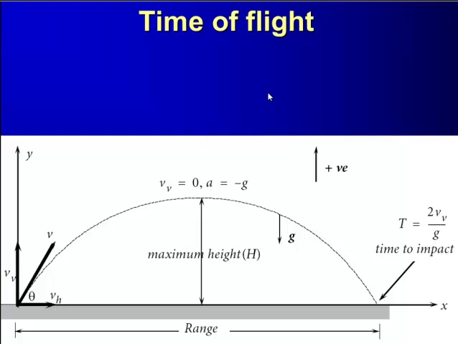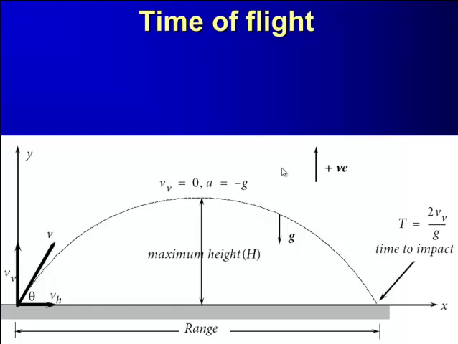Those are two components. Now if we think about this journey, its maximum height is going to be at the point when the vertical velocity is going to be 0. We know that the acceleration for the vertical component is always going to be minus g.